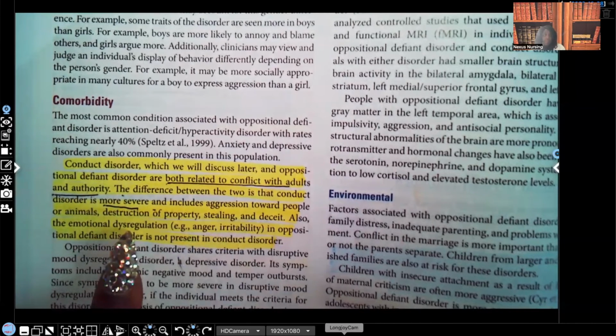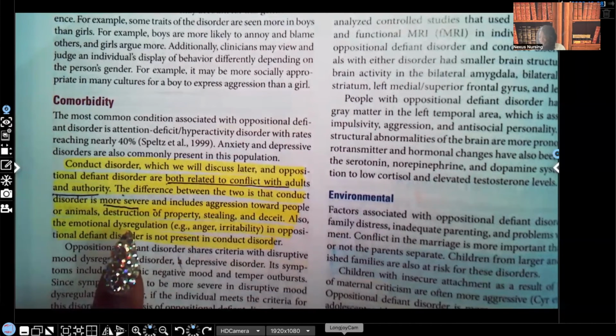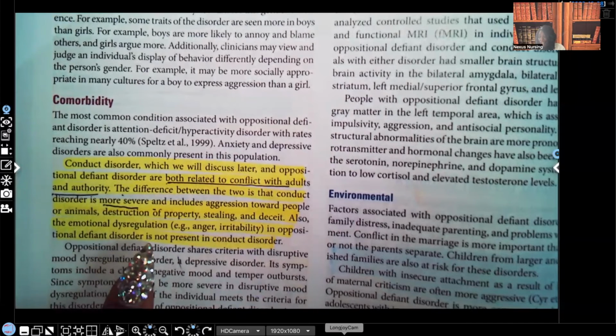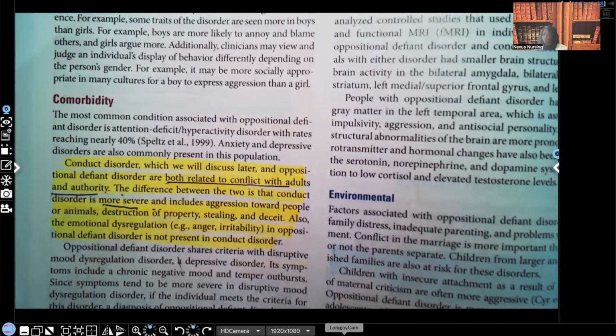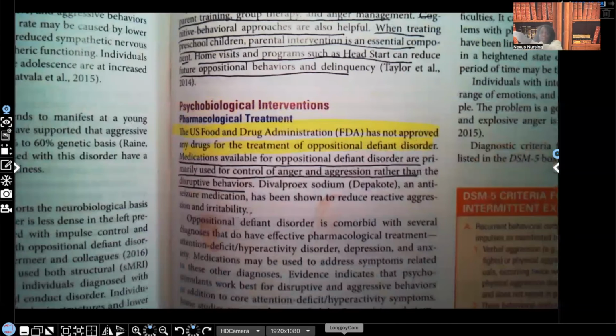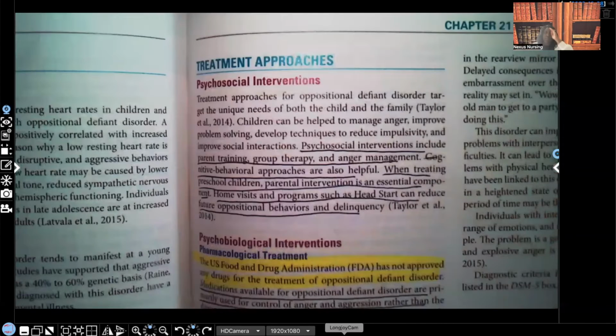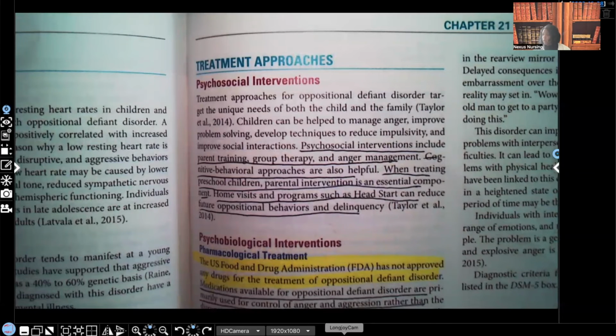Also, the emotional dysregulation, such as anger and irritability, in oppositional defiant disorder is not present in conduct disorder. And one of the reasons for that, guys, you'll know after you watch my video, in conduct disorder, we see those antisocial personalities where they'll be a social chameleon, okay?